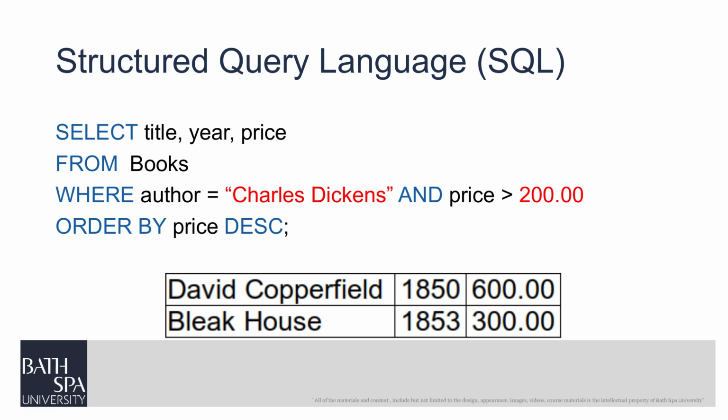The AND is what we call a Boolean operator, and it enables us to make more complex queries where we have many more criteria for selection. And we're also going to order the results by price descending. So the most expensive one first, going down to the least expensive.